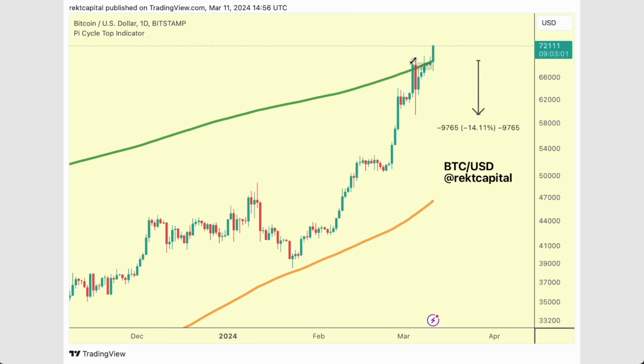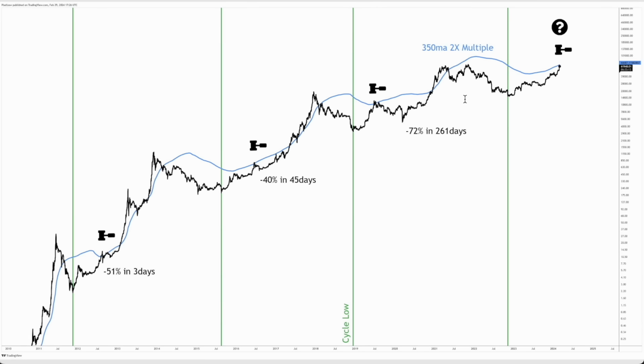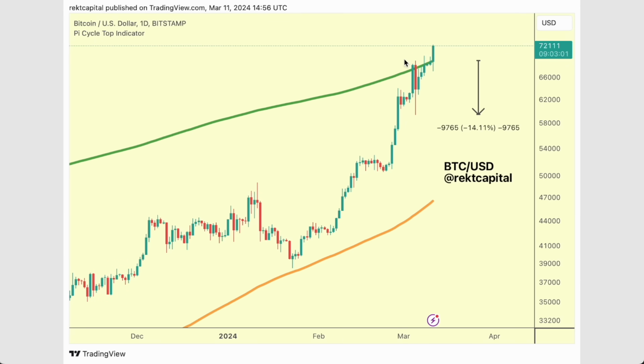So that's a scenario to keep in mind as we progress in what is a new all-time high day for Bitcoin, and we'll probably see more new all-time high days as we progress throughout the cycle, because if this is any indication, we see new all-time highs for multiple weeks at a time. So we are currently breaking beyond this final major resistance area, and we've done that with relative ease.